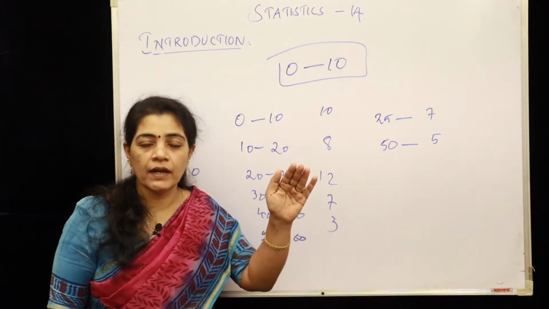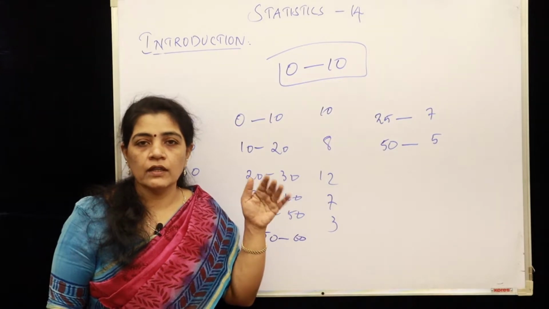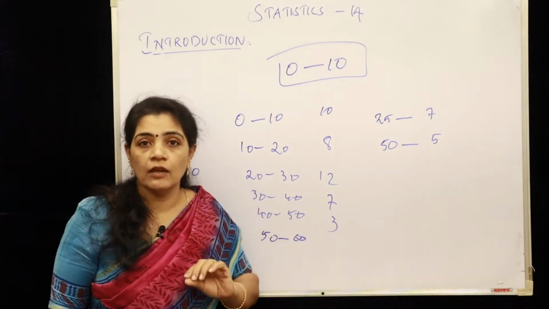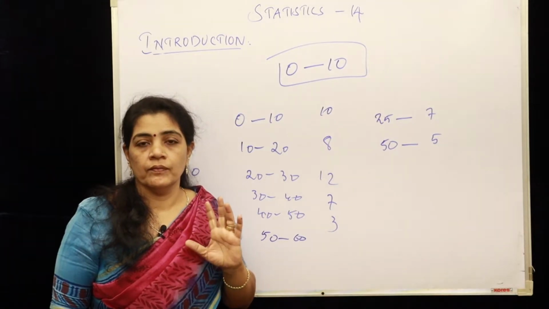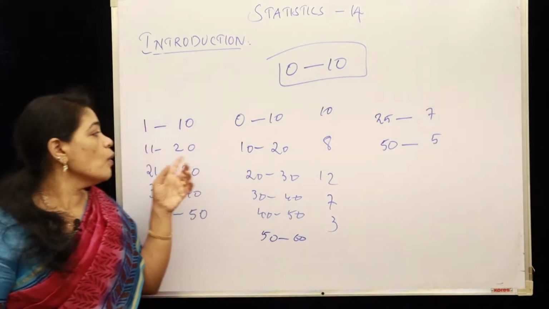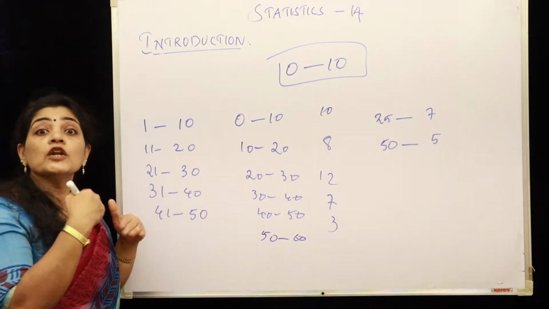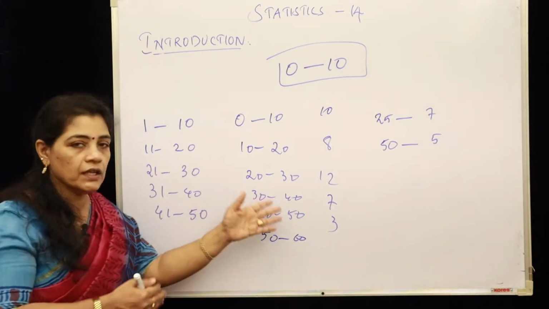That means the upper limit of the first class and the lower limit of the second class, or the second class with the third class, must be the same, or exclusive form. Understood? So how can we convert this inclusive form, that is discontinuous form, into continuous?